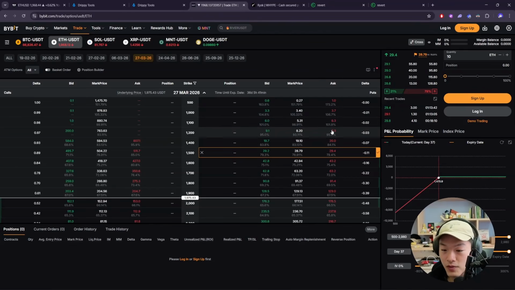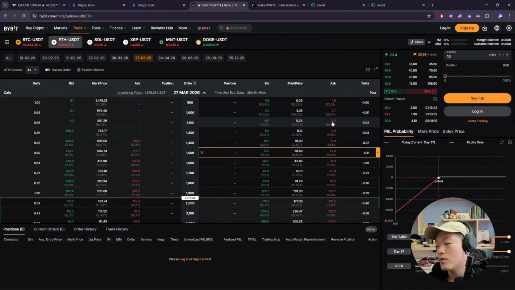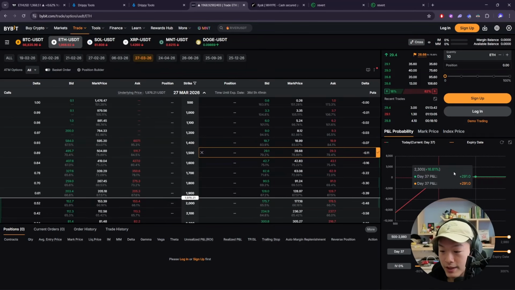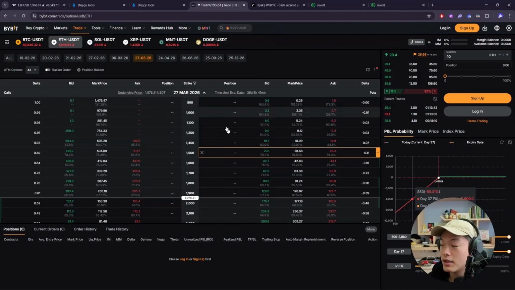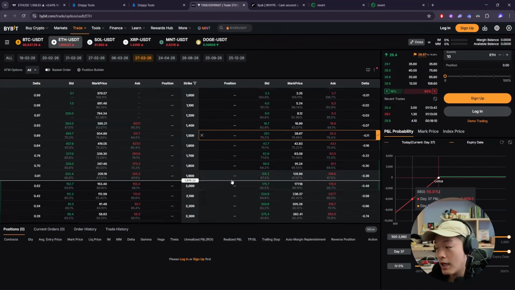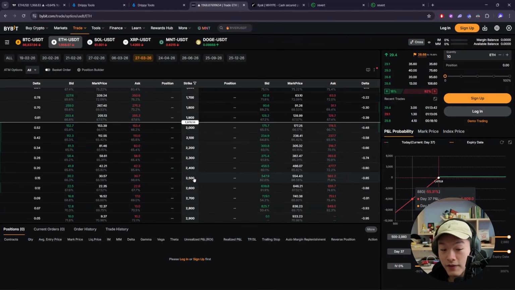And there are some risks associated with options. For example, if you sell a put option at $1,500, if prices dip below, that's where you would be incurring some losses. But as long as prices stay above, you could earn whatever yield you are getting from selling the option. Another risk factor to consider is if prices reverse and are drifting up to, let's say, $2,500.